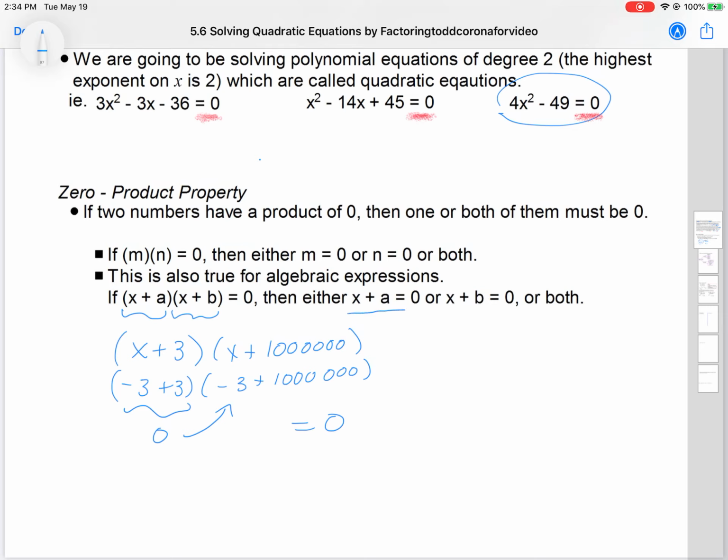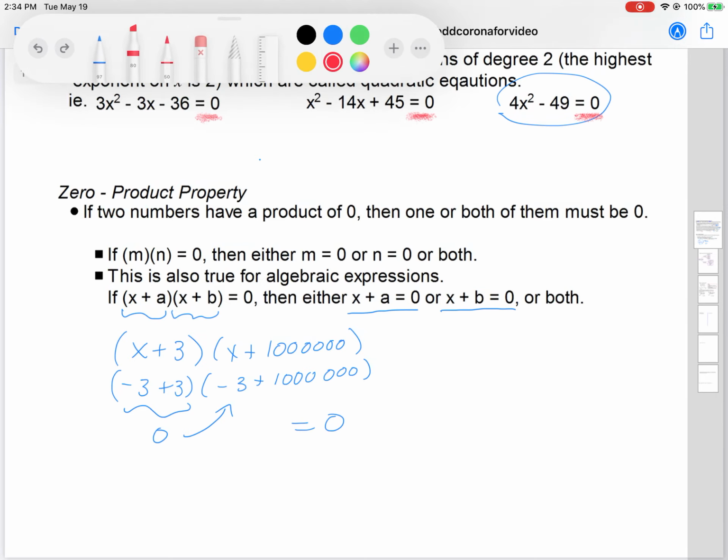So no matter what's in one set of brackets or the other, if you find the x value that makes the binomial 0, then multiplying by whatever's in the other set of brackets will equal 0. And that's called the zero product property.